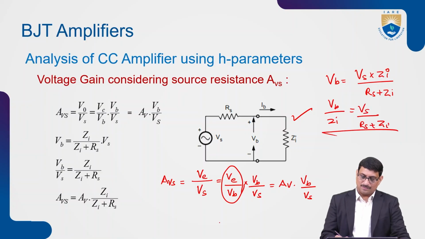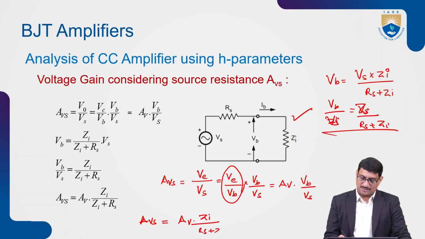By substituting this value here, the voltage gain by taking the source resistance into consideration is AVS equal to AV into Zi divided by Rs plus Zi. Suppose the source resistance Rs is equal to 0, then AVS is equal to AV.